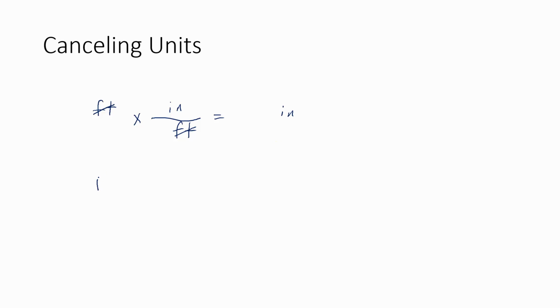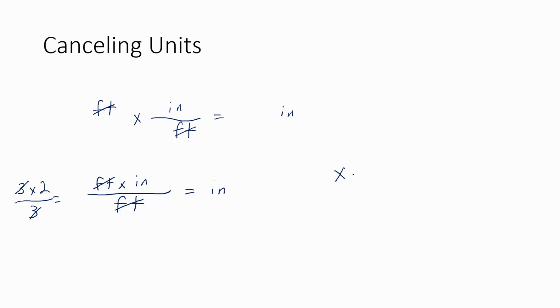So this is just exactly the same as if I put this all on the top of a fraction, and this on the bottom, and therefore things that are the same, just like the example where we had 3 times 2 over 3, 3's cancel, we get an answer. Here we have feet times inches over feet, feet cancel, we get an answer.